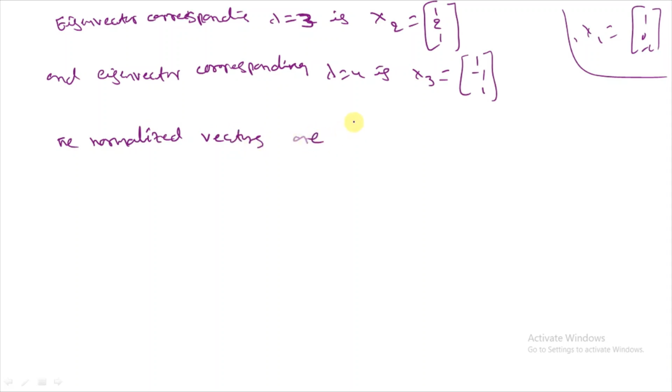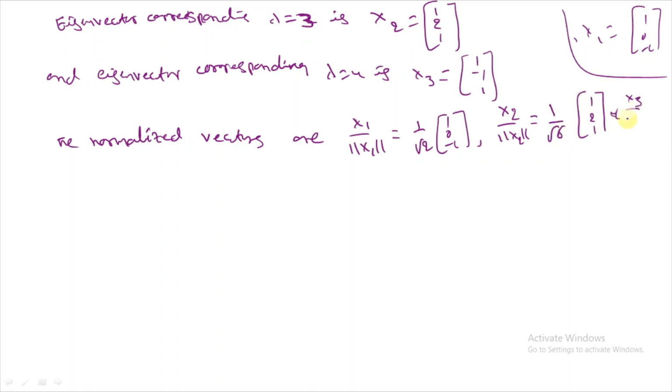Vectors are normalized means we divide each vector by its length. x1 by norm x1: what is the length? Root 2. So 1 by root 2 times 1, 0, minus 1. Now x2 by norm x2 is 1 by root 6 times 1, 2, 1.